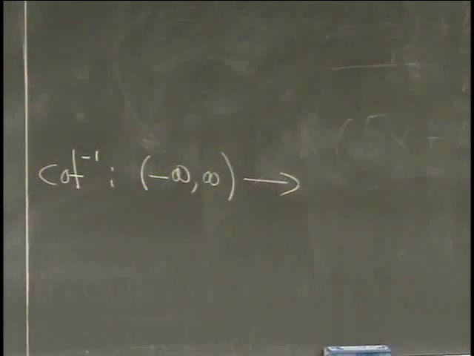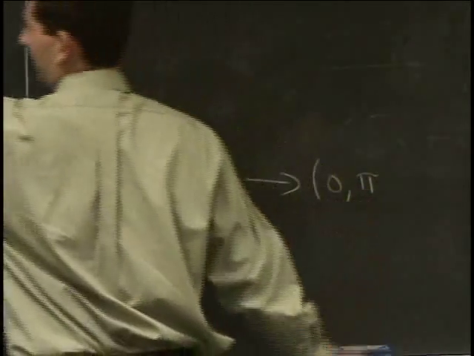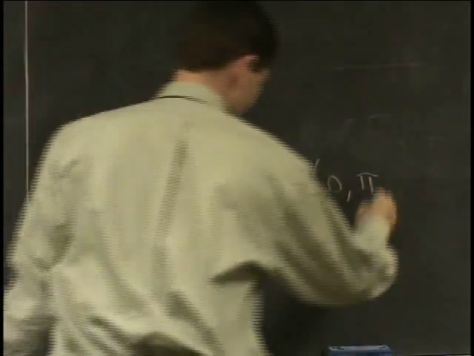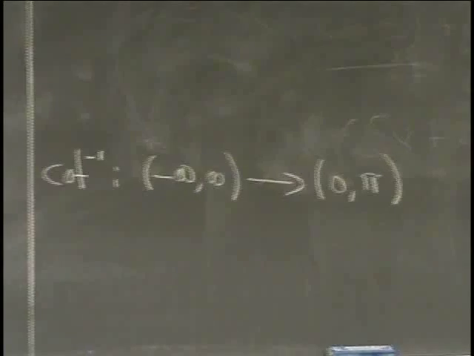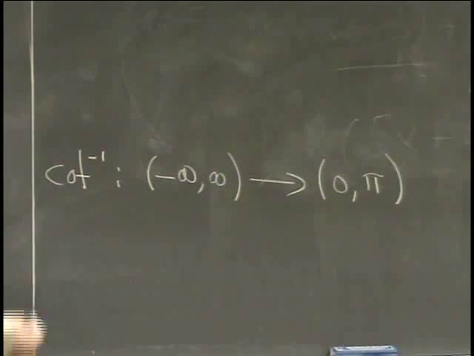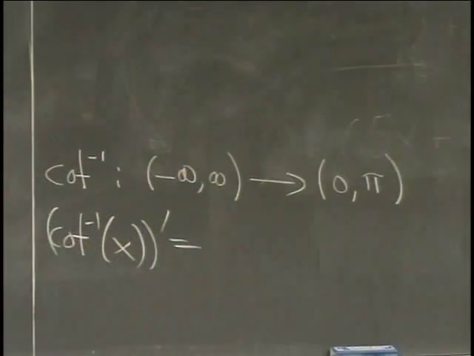That is, the domain is all real numbers. But now the range is going to correspond to the range of arc cosine, because cotangent is cosine over sine. Okay? And so the range is going to correspond to 0, pi. Now, using our rule of co, what is the derivative of arc cotangent?